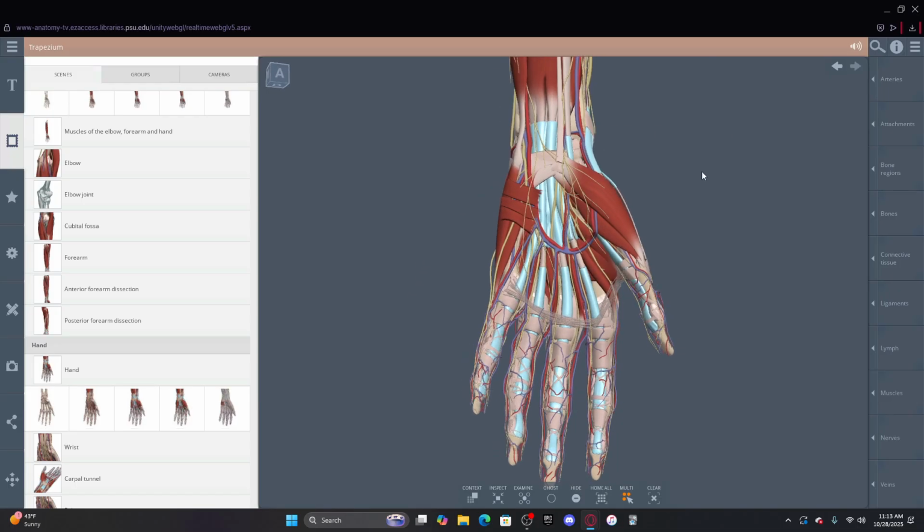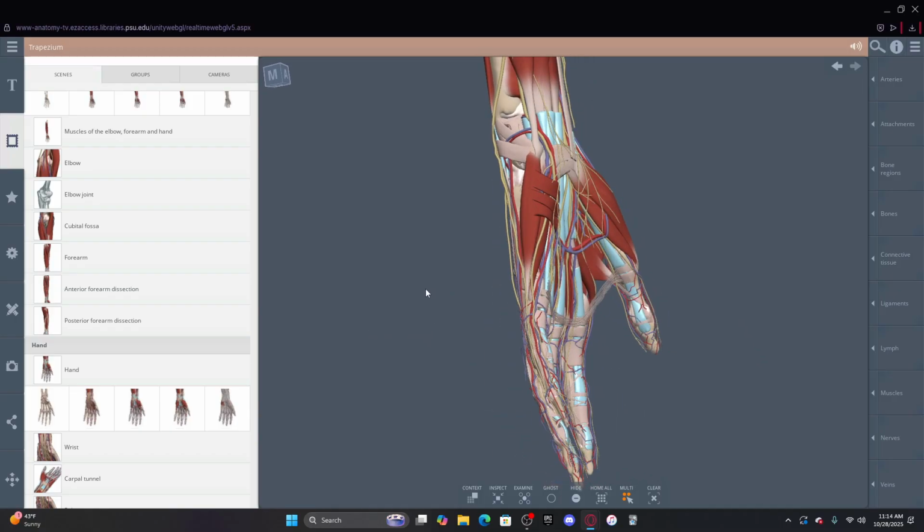Now that we have that done, I'm going to go into the muscles here. First we have the hypothenar muscles. Hypo means small, decreased, less, whereas hyper is more, bigger, larger, more than average. So hypothenar are the muscles near the pinky side.